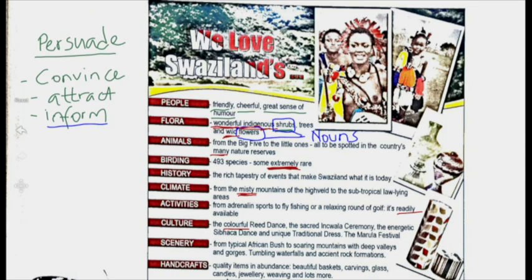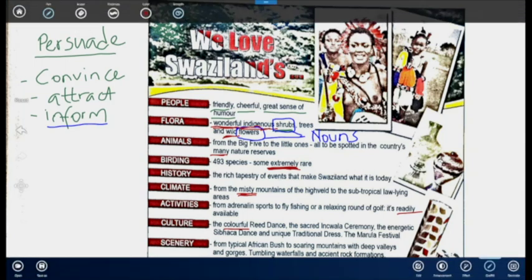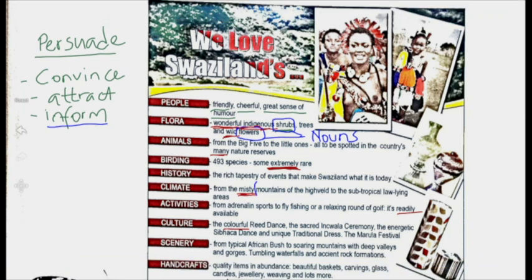Culture, the colorful reed dance. Remember, here we've got the noun. Going back a bit, we've got mountains as a noun, and then here we've got the reed dance. The reed dance is just the name of a dance. It's the name of a cultural activity that happens in Swaziland. And then we also have the Ingwala ceremony, which is another noun.